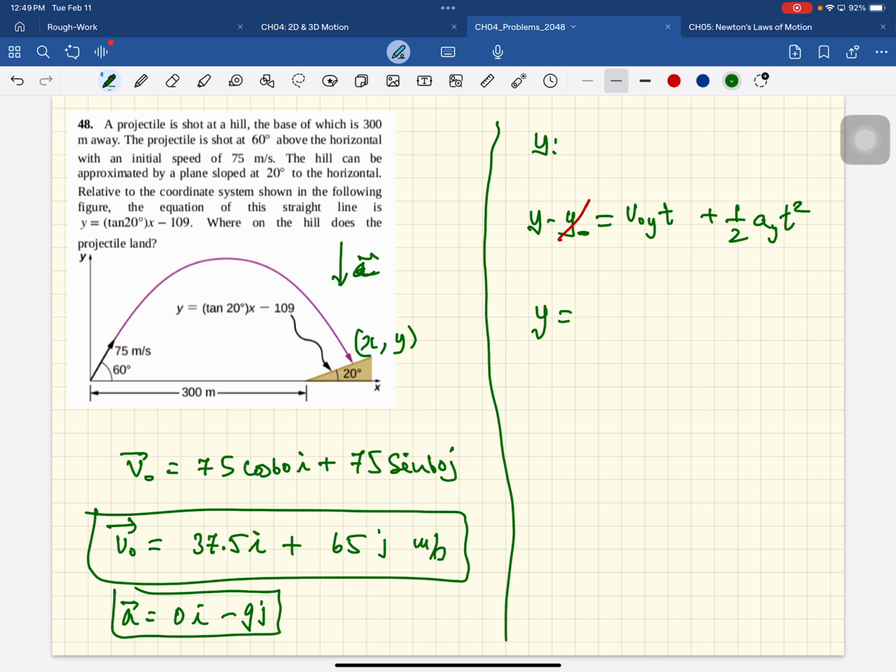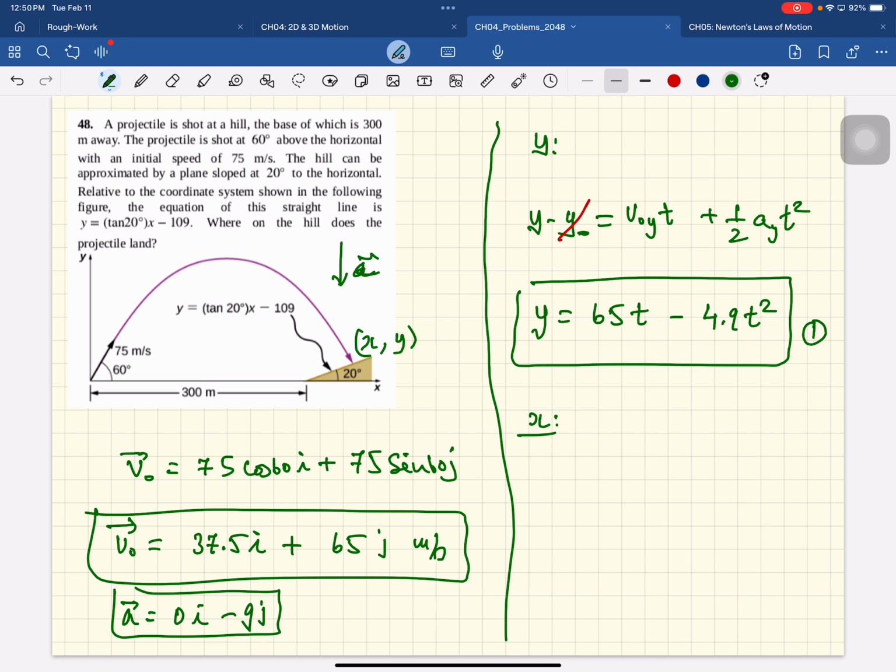So y is v naught y, which is 65 t, minus, a_y is negative 9.8 meters per second squared. So that's minus 4.9 t squared. So the y component of the motion gave us that equation.